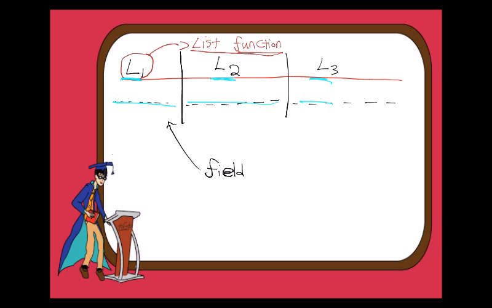Now, a field can be either inputs or outputs, and I'll show you a little bit more about that in just a moment, but keep in mind that this is the terminology I'll be using. This up here will be the list function, while the items below will be the field.